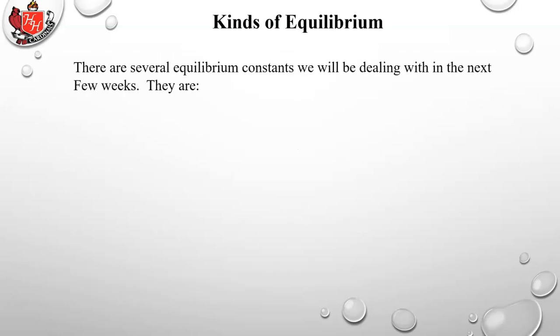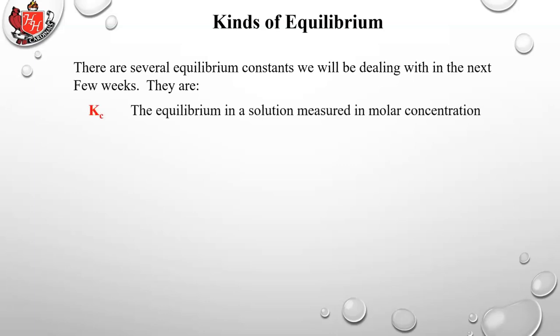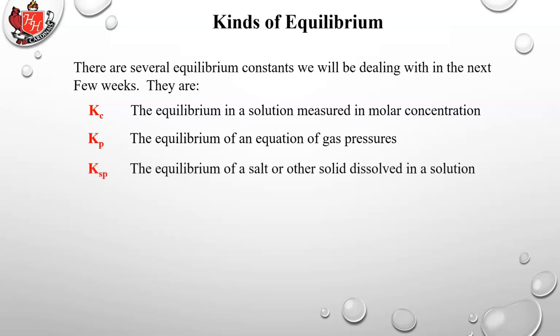Okay, there are several equilibrium constants we will be dealing with in the next few weeks. They are Kc, the equilibrium in a solution measured in molar concentration; Kp, the equilibrium of an equation of gas pressures; Ksp, the equilibrium of a salt or other solid dissolved in a solution. In other words, these would be what we would think of normally as being insoluble solids.